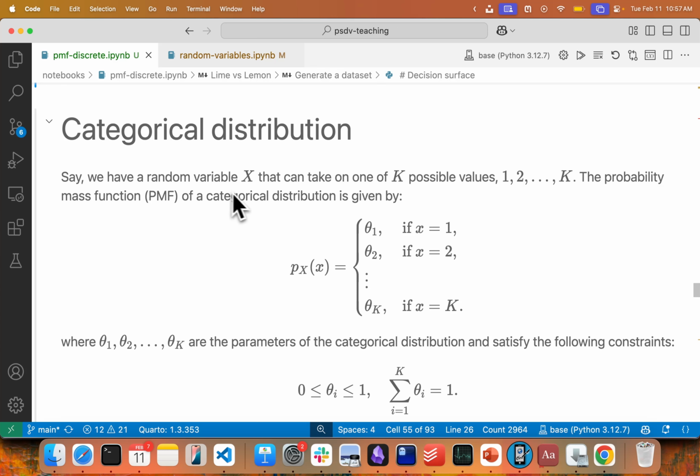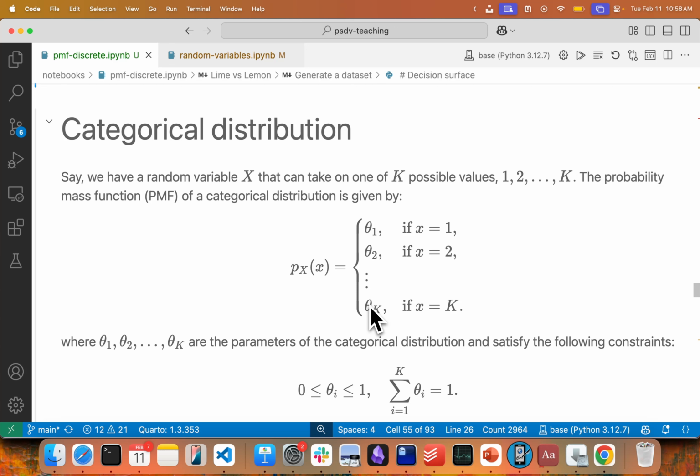So we say that we have a random variable x which can take one of the k possible values, 1 through k. The probability mass function of this random variable x taking these different states or values, x equal to 1 through k, is defined by these theta i's, theta 1, theta 2 till theta k. Now each of these theta i's have to sum up to 1.